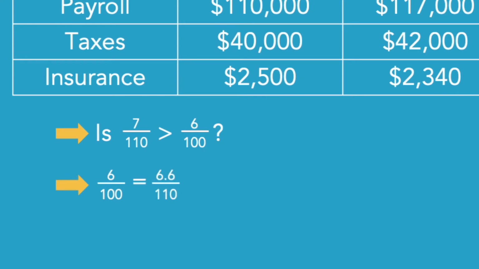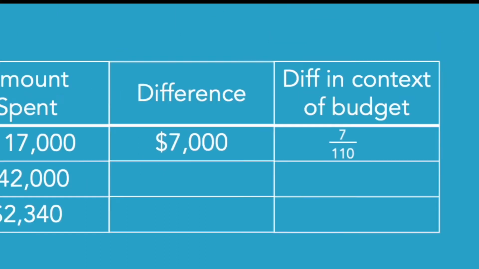So now I can compare two fractions that have the same denominator. What's bigger, 7 over 110 or 6.6 over 110? Of course, 7 over 110 is the bigger fraction, and therefore, yes, for that first one, the change is more than 6%.